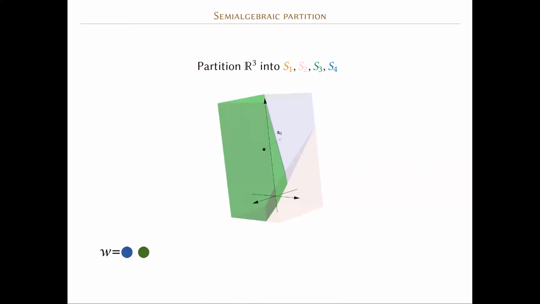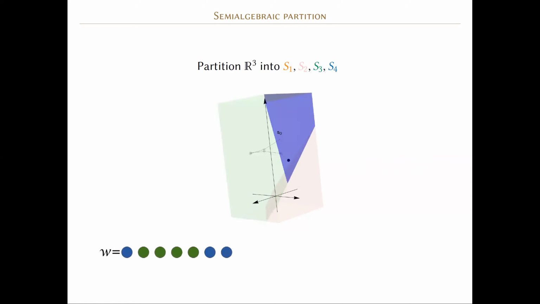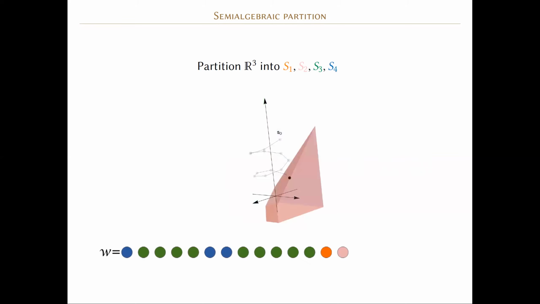Now suppose we run our loop and record at each step the set in this partition where the values of the variables lie. This way we obtain an infinite word of colors where each color corresponds to one set in our semi-algebraic partition. The problem of verifying linear loops now reduces to the problem of verifying properties of this word.